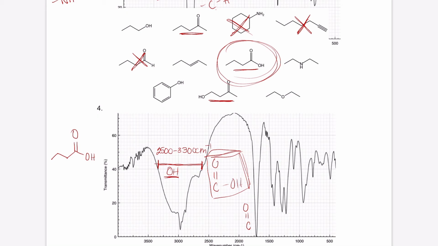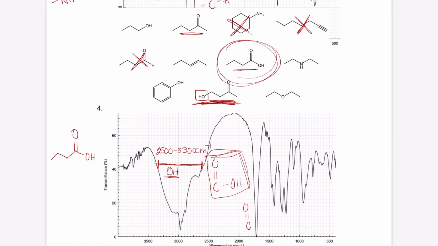The reason why it would not be this bottom structure right here is because first, this is not a carboxylic acid. And in carboxylic acids, the OH group ranges from 2500 to 3300, whereas just alcohols would be ranging from 3200 to 3600.